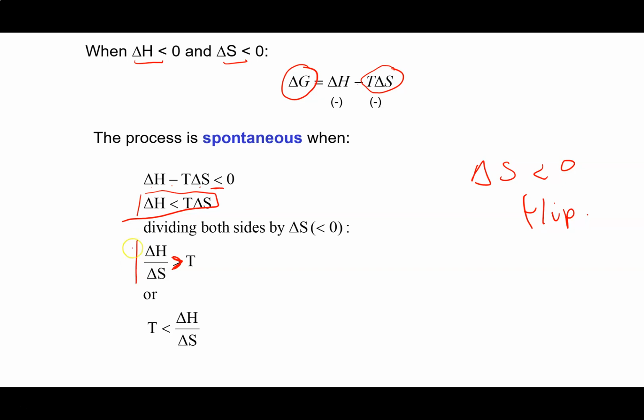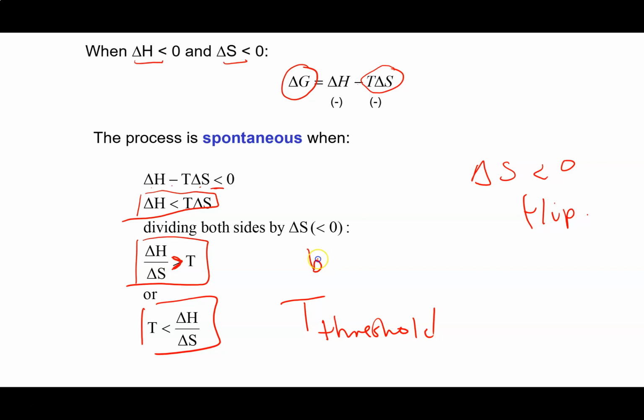So this process will be spontaneous when T is less than delta H on delta S. That is, it's going to be spontaneous below some threshold temperature. And the threshold temperature is always calculated by delta H on delta S.